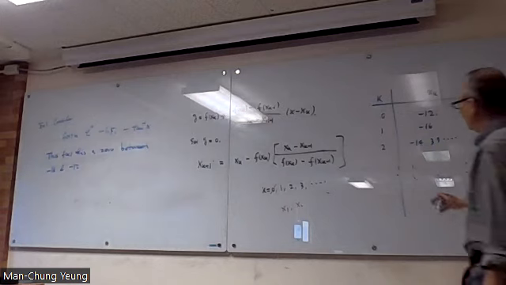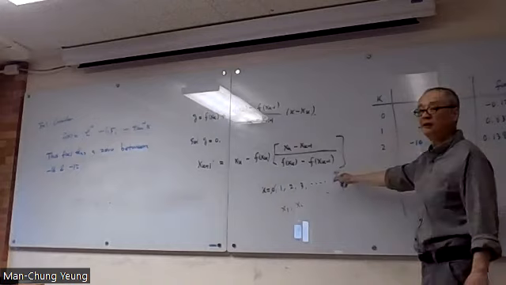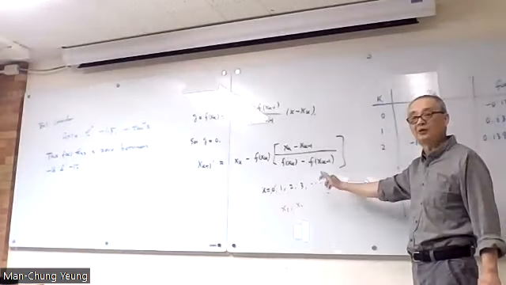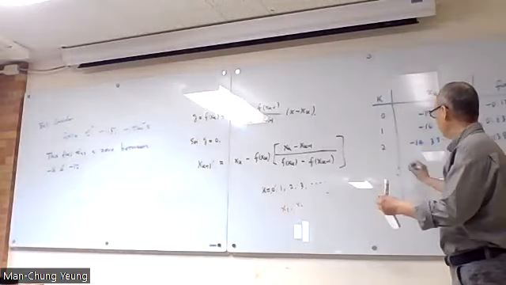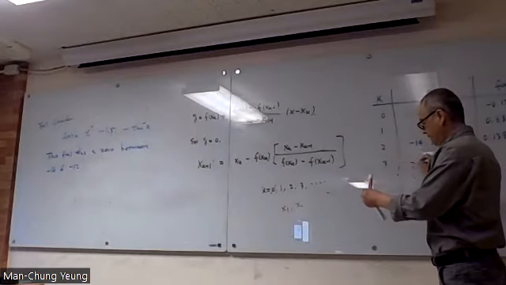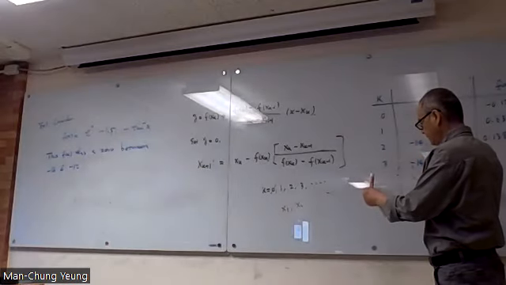Then use x_1, x_2 in this formula to get x_3, negative 14.063.